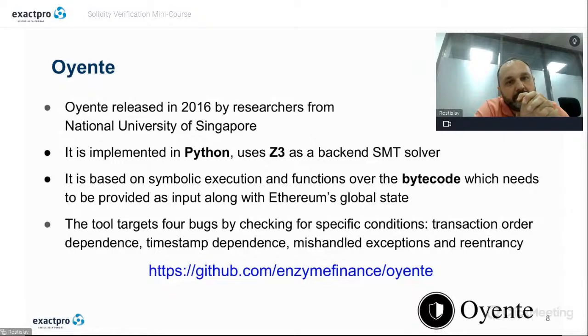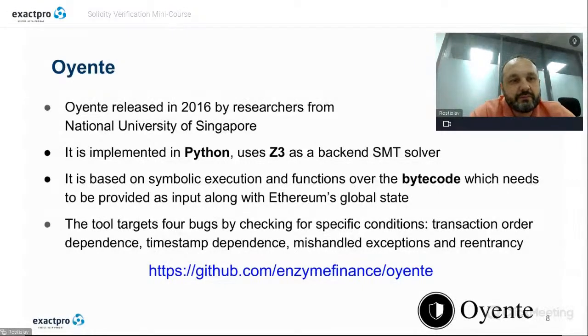It's written in Python and uses Z3. I hope now you know well what Z3 is. It's a satisfiability modulo theories solver, which we discussed during the first lecture.